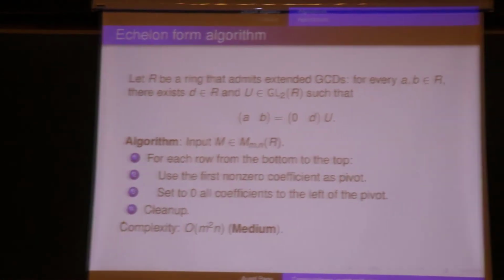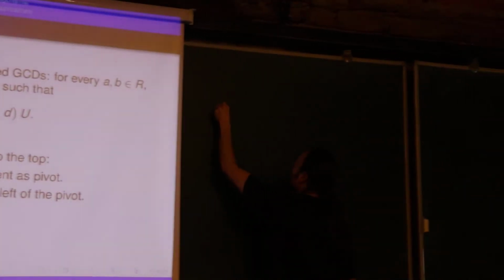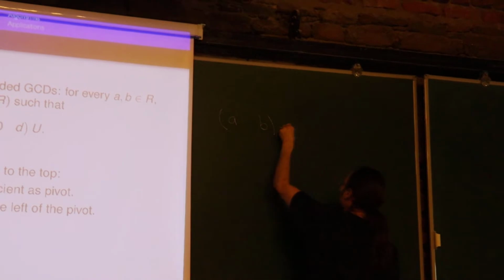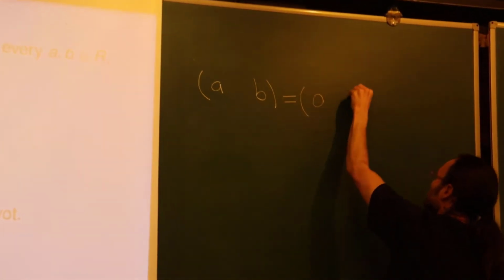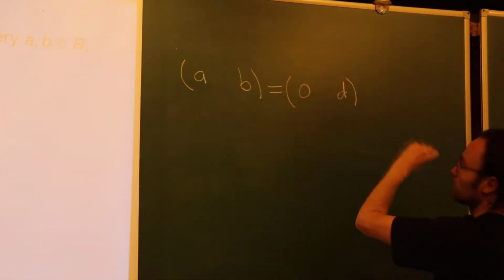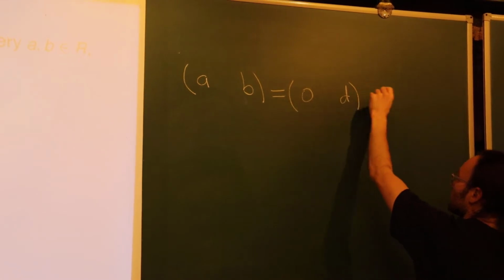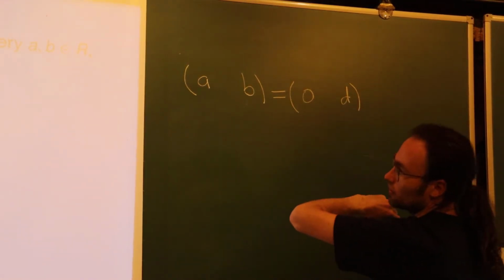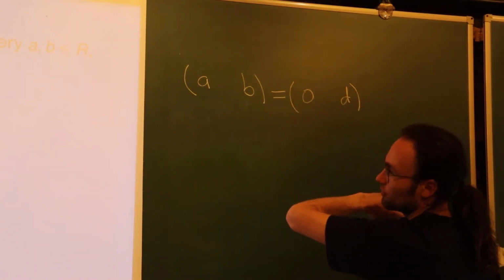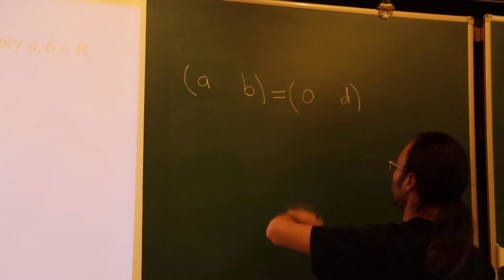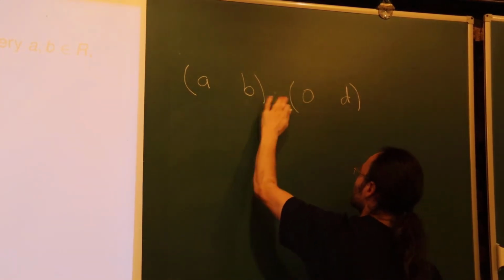So if you write this relation, AB equals 0D times, I think I wanted you to be on the left, actually. So let me put it on the left.